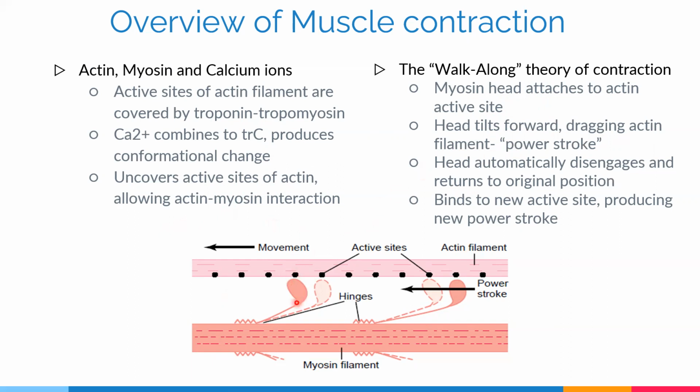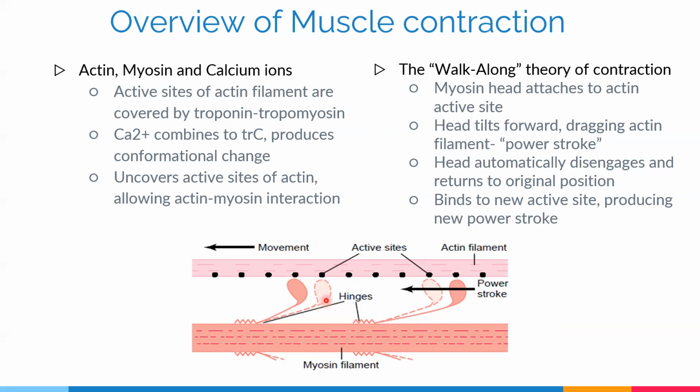So the head will move from this position to this position to this position, and pulls the actin filament while it does. Similarly, another myosin cross bridge will also pull the actin filament in the same direction. This is known as the power stroke. The head then automatically disengages and returns to its original position, just like a boat rower that rows the boat along the river.